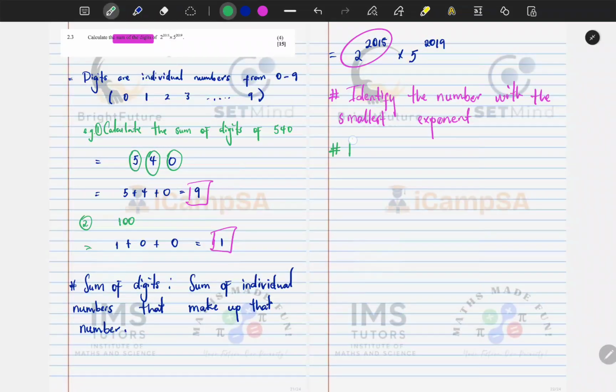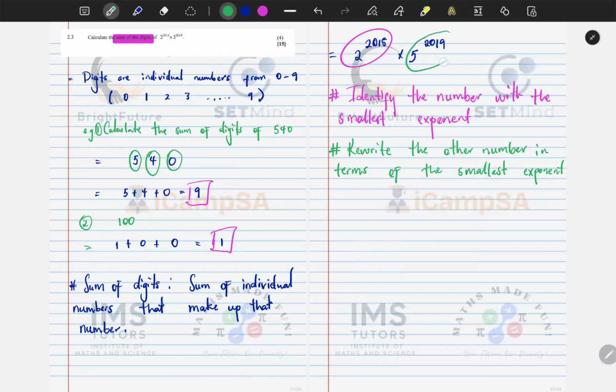So we are going to rewrite the other number in terms of the smallest exponent, right?